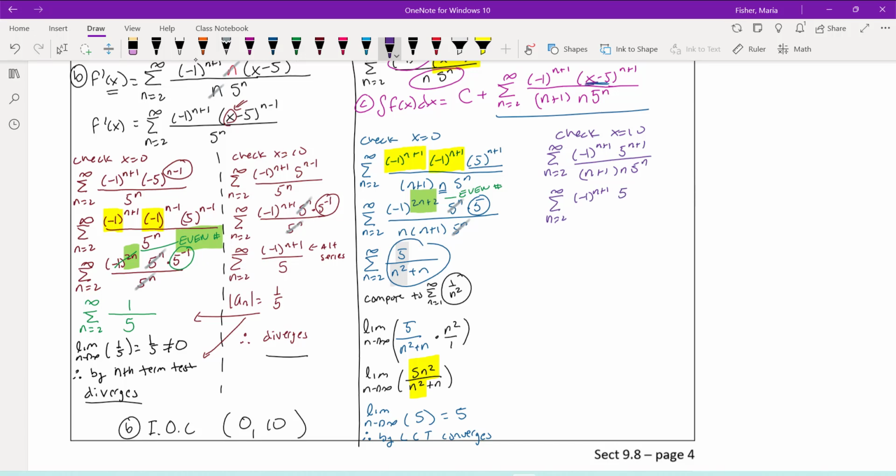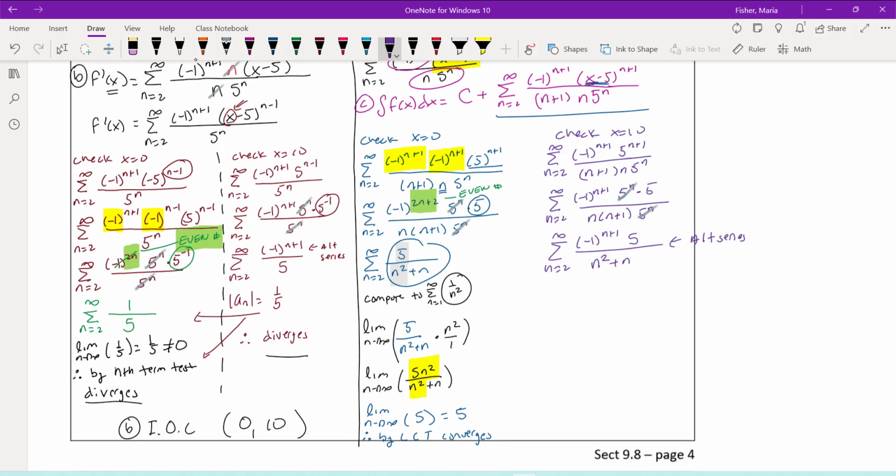Well, that's a 5 to the n times 5 all over n times n plus 1 times 5 to the n. Those 5 to the n's will cancel, and you're just looking at the sum from n equal 2 to infinity of negative 1 to the n plus 1 times 5 all over, if I distribute here, that's n squared plus n. Well, this is an alternating series.